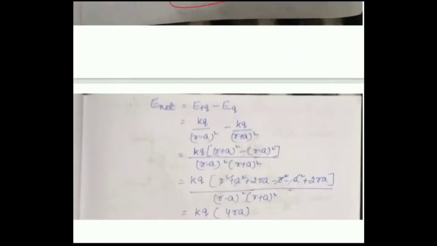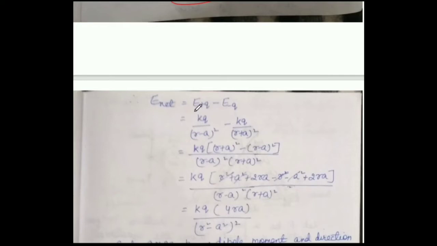Now you have to calculate the net electric field. This is E plus q minus the electric field due to the minus q charge. You put these two values: kq by r minus a whole square, minus kq by r plus a whole square. You take the LCM of this, r minus a whole square times r plus a whole square.